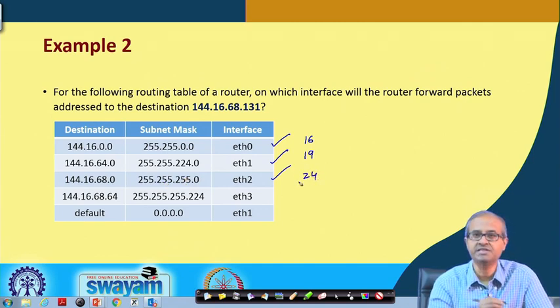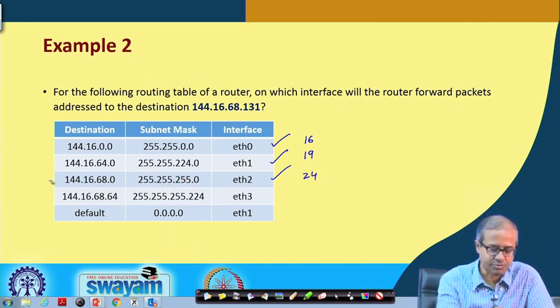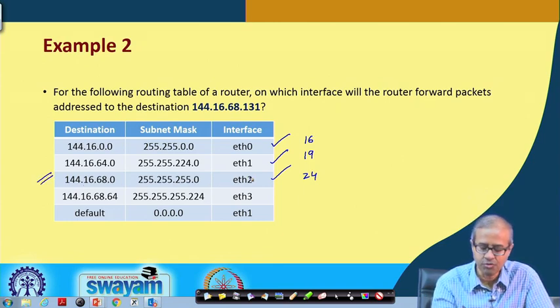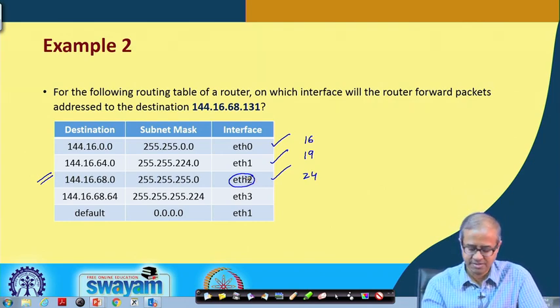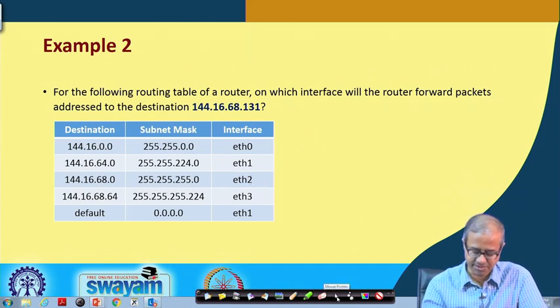So, the third one is the longest prefix. Ultimately the match will be identified for the third row and the packet will be forwarded to this ETH2 interface, right. This is how the packet forwarding will take place.